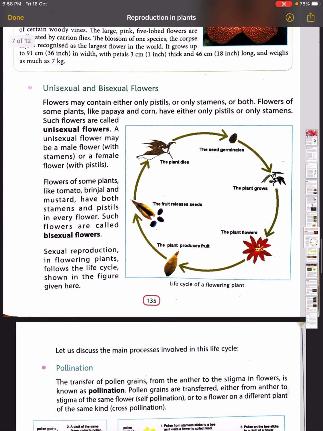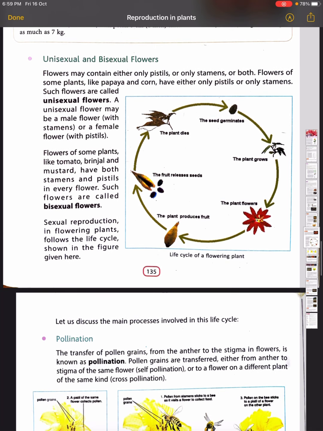Next, unisexual and bisexual flowers. Flowers may contain either only pistil or only stamens or both. Flowers of some plants like papaya and corn have either only pistils or only stamens. Such flowers are called unisexual flowers.